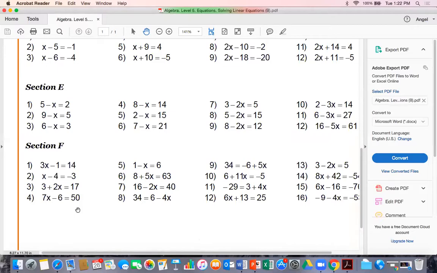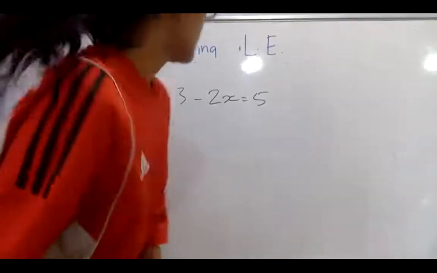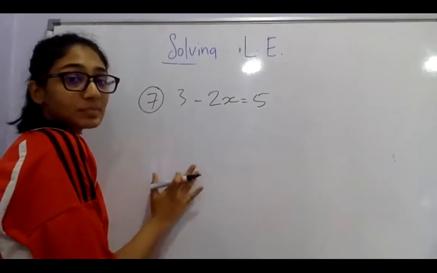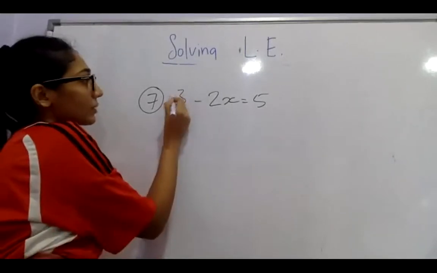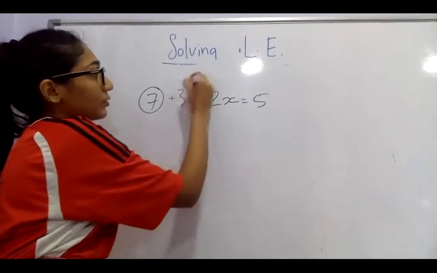Question 7, okay? Question 7 is 3 minus 2x equals to 5. Again, I move the numbers first. So the positive 3, I move over to this side.